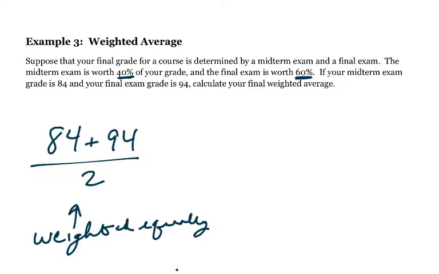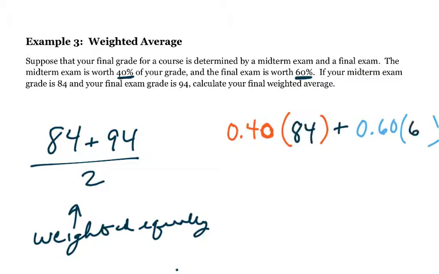So when we are finding and calculating a weighted average, we actually take our percentages, change them to decimals, and multiply them by each piece. So if the midterm counts for 40%, that's going to be 0.40 times the midterm exam plus the 60% for the final, so the final exam weighs more, times 94.